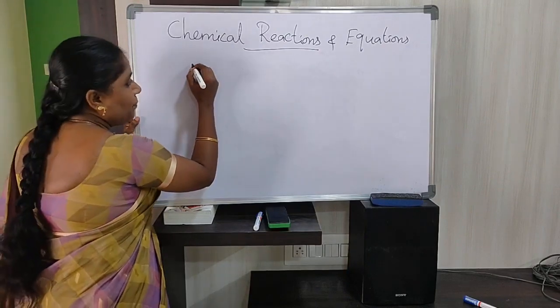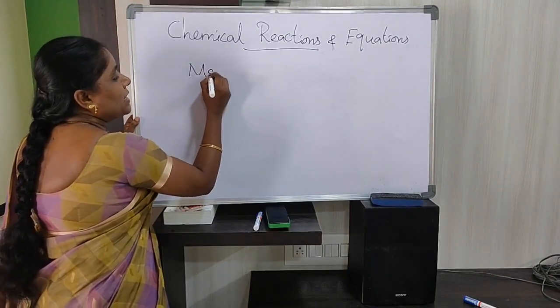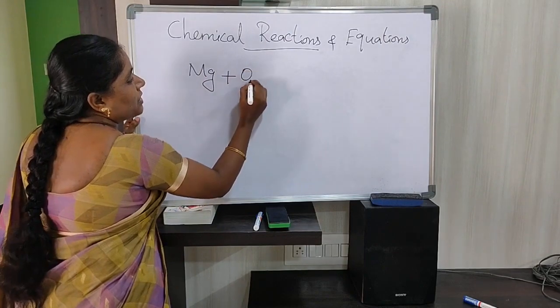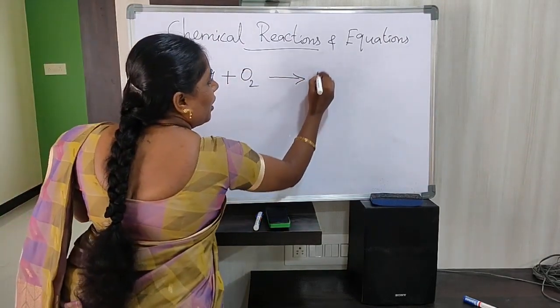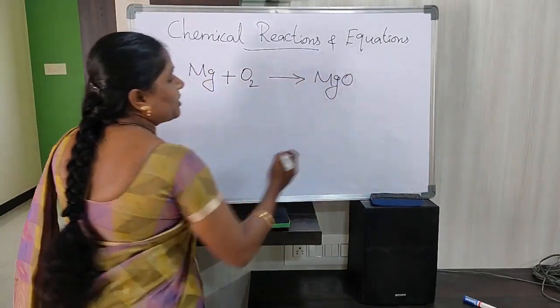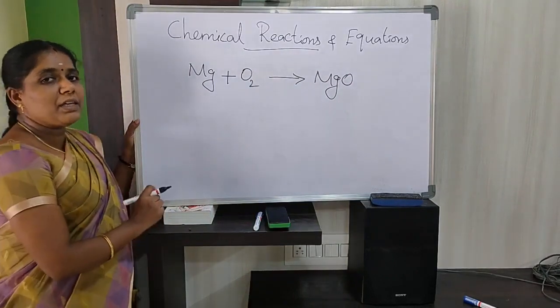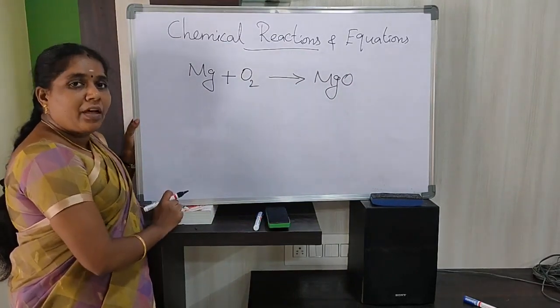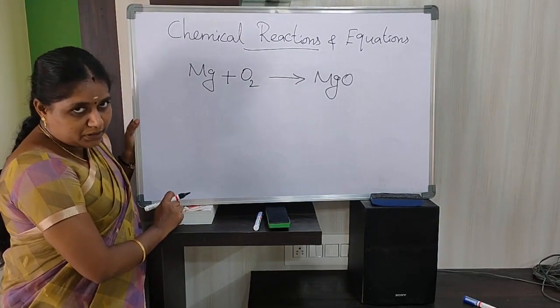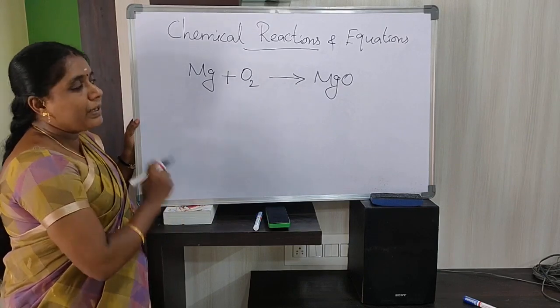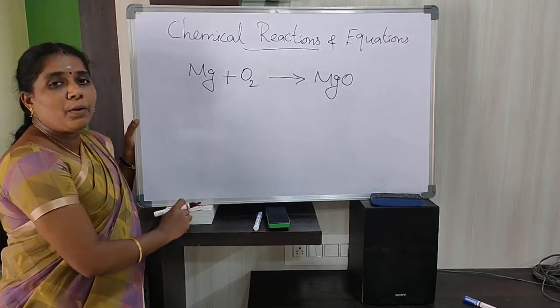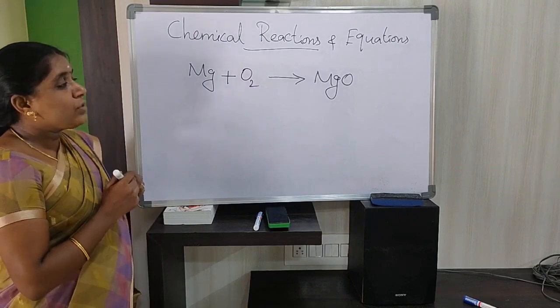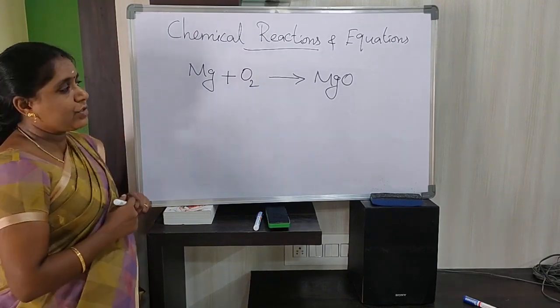For example, when magnesium ribbon burns in air, that is in the presence of oxygen, to form magnesium oxide. This is one of the chemical reactions.